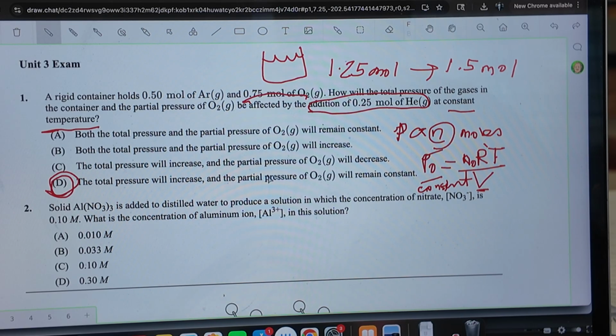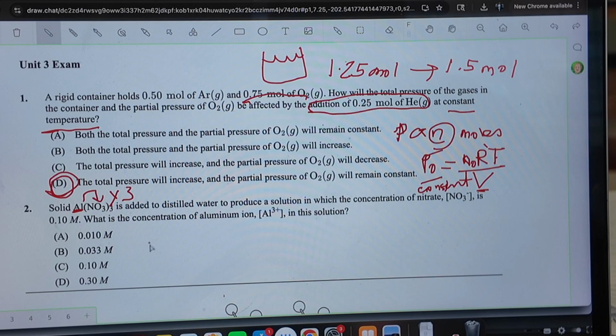So we already know that however much aluminum there is, times 3 gives the nitrate.